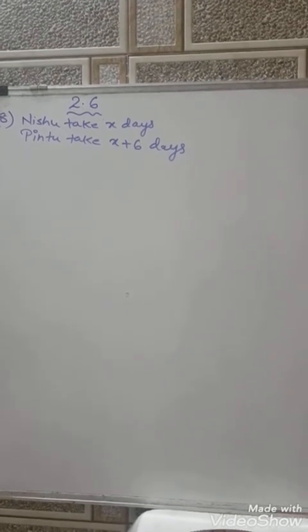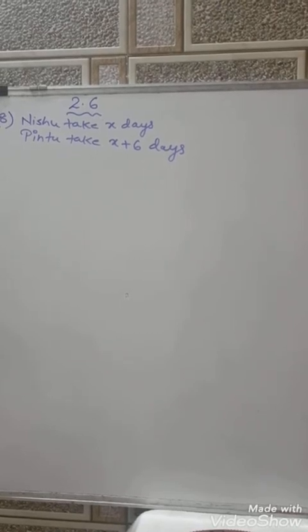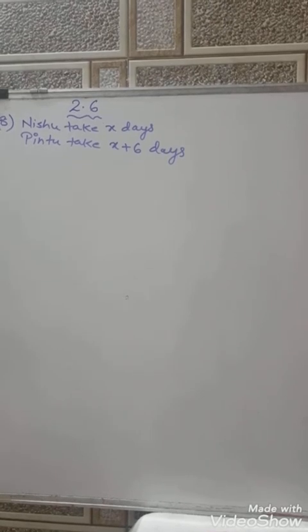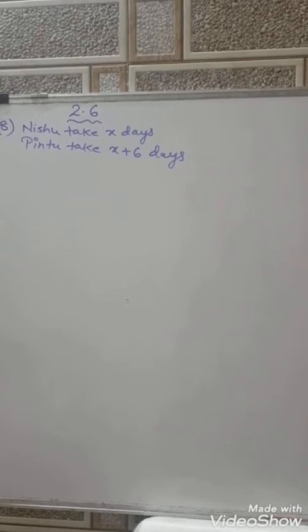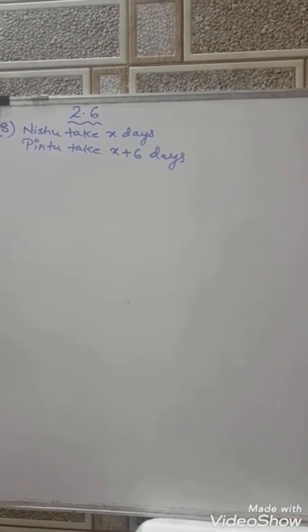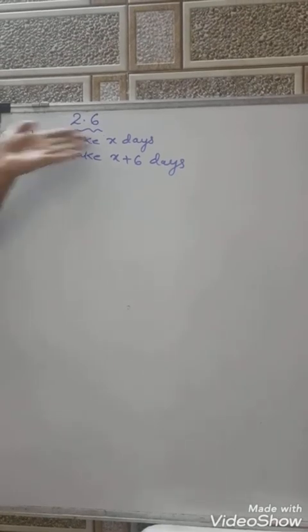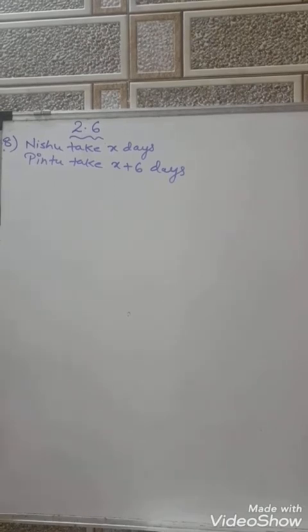Pintu takes 6 days more than Nisu to complete a certain work. If they work together, they finish it in 4 days. So how many days would it take to complete the work if they work alone? So Nisu takes x days, Pintu takes x plus 6 days.